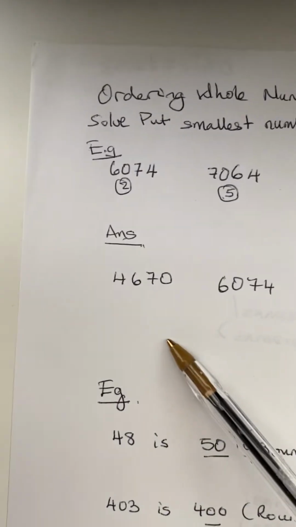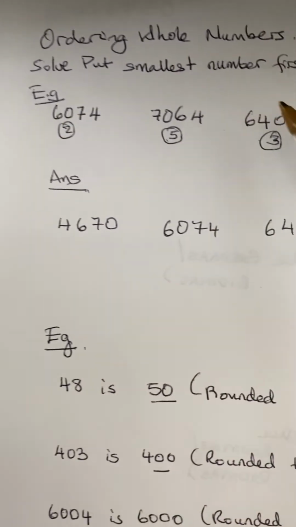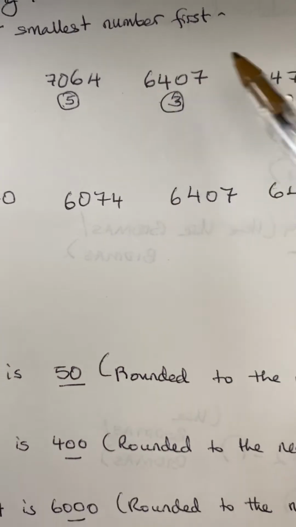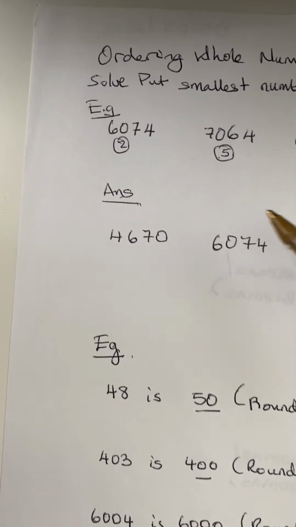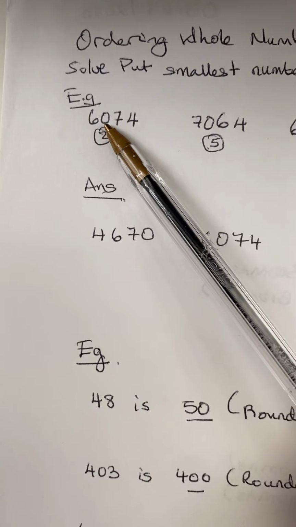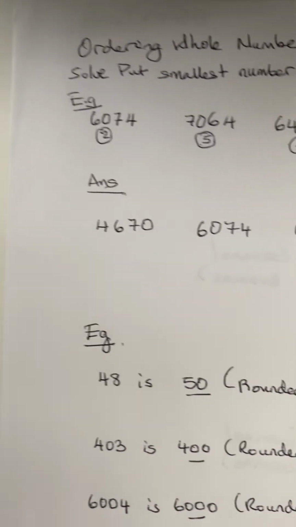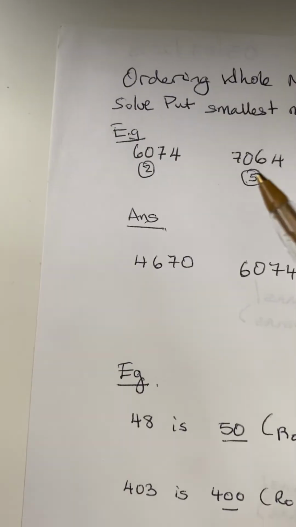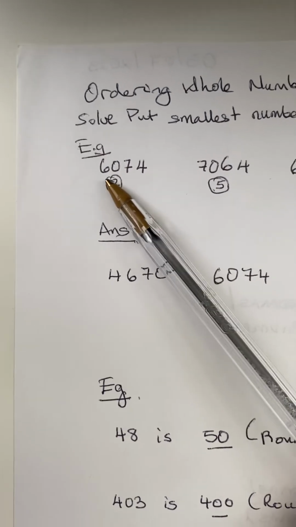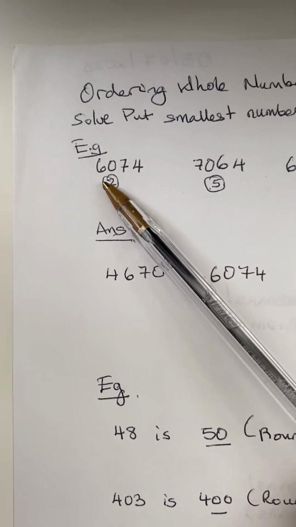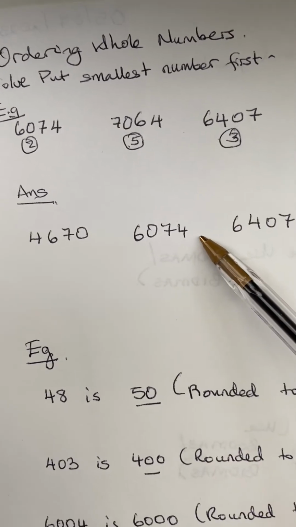4670. Now place value again, 6,000, 6,000, 6,000. Now let's look at the hundreds. That is a 0, a 0, that is a 4, and that is a 4. So our second one, the one with 0 in the hundreds, is 6074.